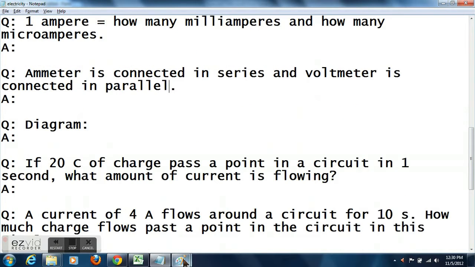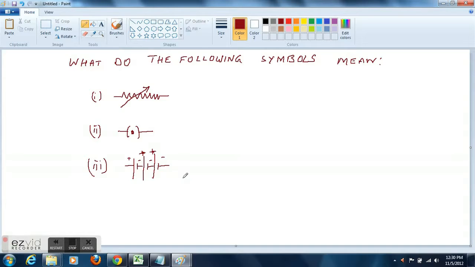Next question is explained in the diagram. Let me open the diagram. The first diagram represents a variable resistance. A variable resistance is also called a rheostat.